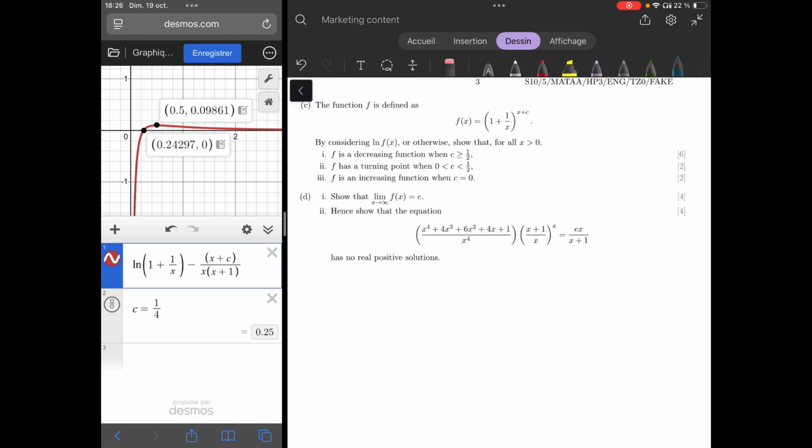Part C. In this part, you're asked to consider ln of f to show various results. So, ln of f is equal to x plus c times ln of 1 plus 1 over x. Let's take the derivative of this.